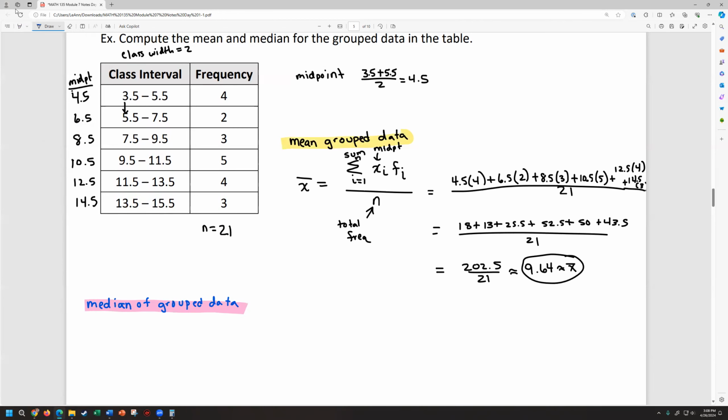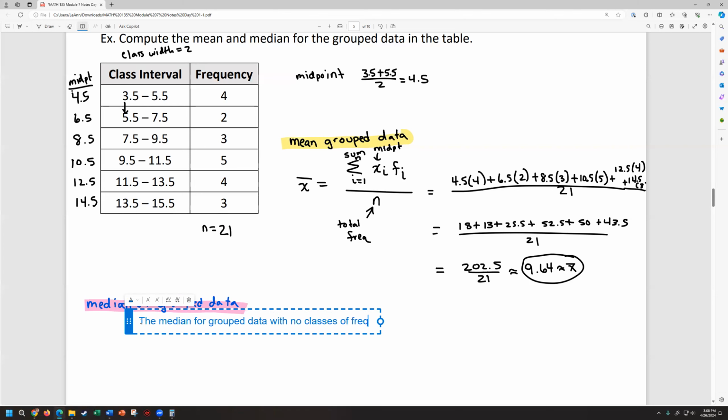Okay, so with this, I'm going to type in some information just because it's better than my handwriting. So the median for grouped data, I can type, with no classes of frequency 0. Now that is important. All of our classes up in that group had something in each class.